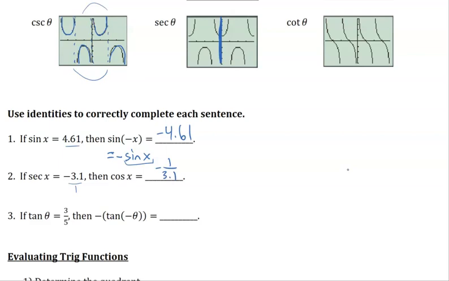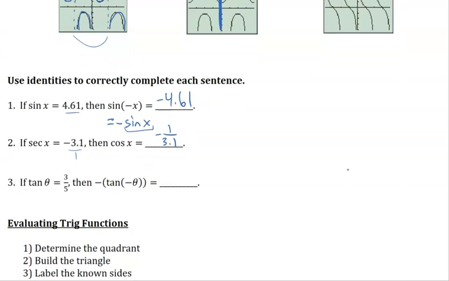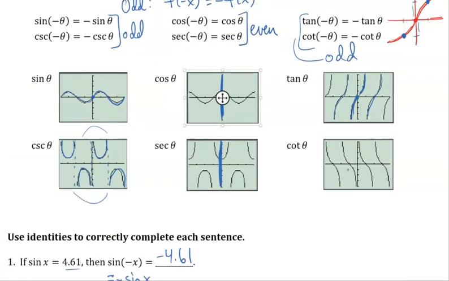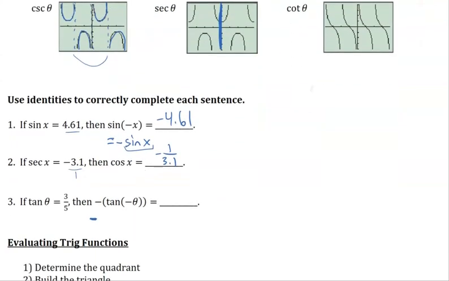And then for this last one, it says if tangent of theta is 3/5, then what is the opposite of tangent of negative theta? I'm going to do this one in a couple of steps. Tangent of negative theta is, according to this identity, because tangent is odd, equal to the opposite of tangent of theta.